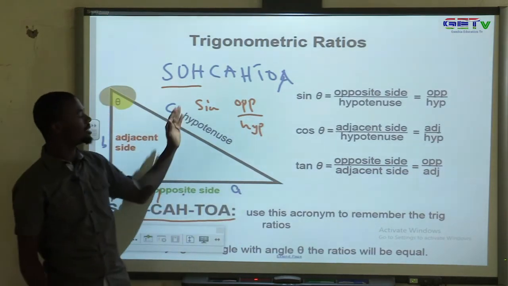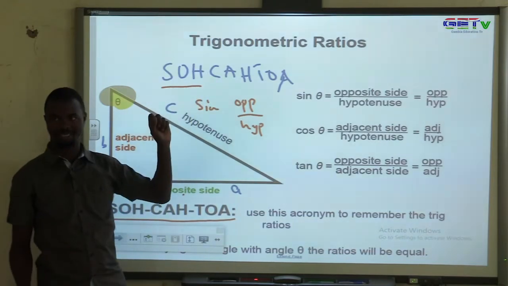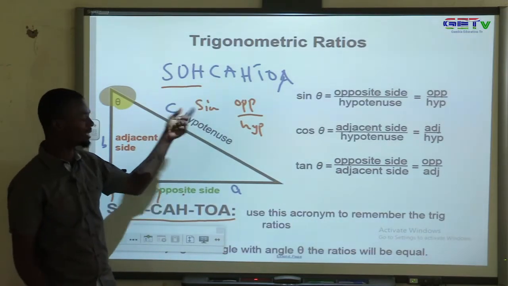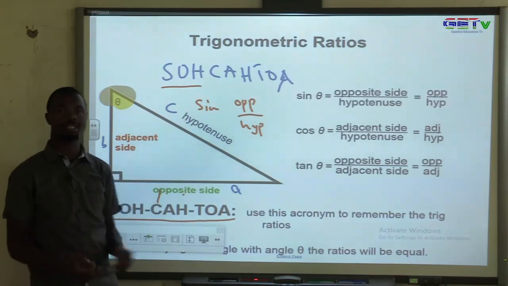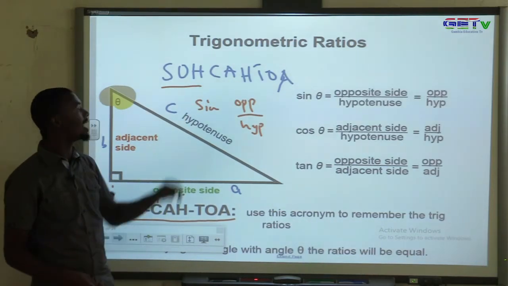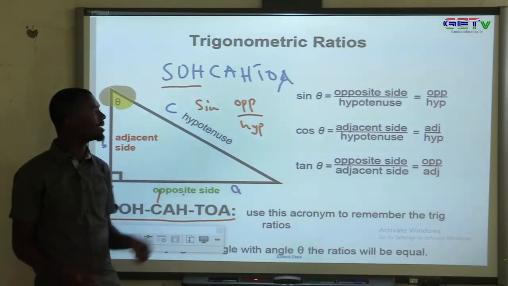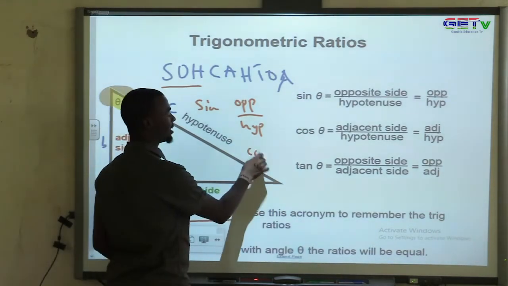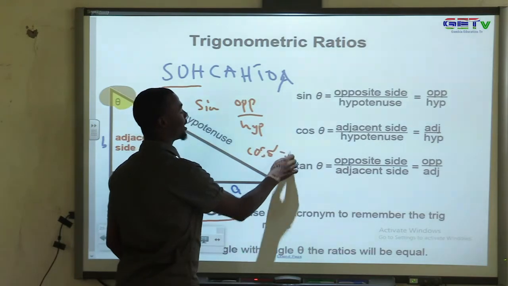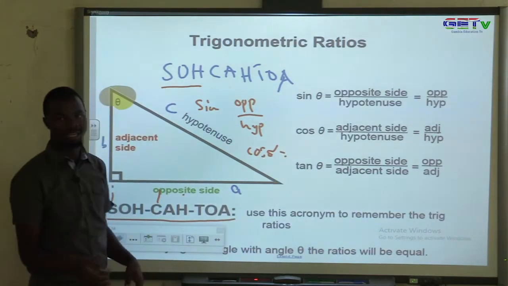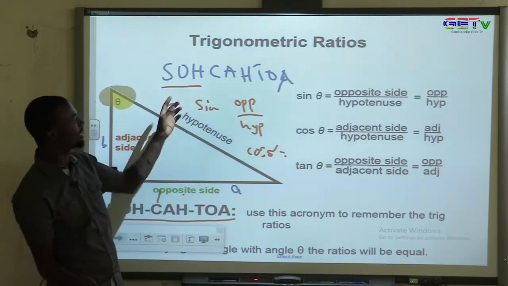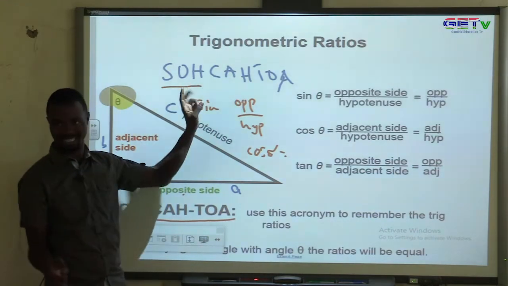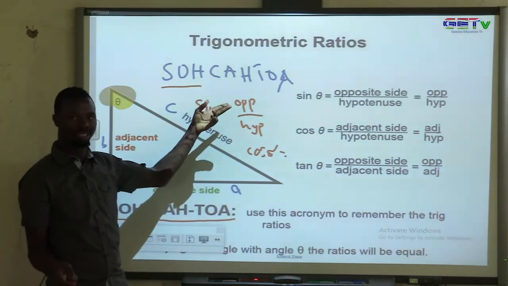The other one is CAH, that is the second set of three letters. C is cos, A is adjacent, and H is hypotenuse. So you will also have cos theta is equals to adjacent over hypotenuse.